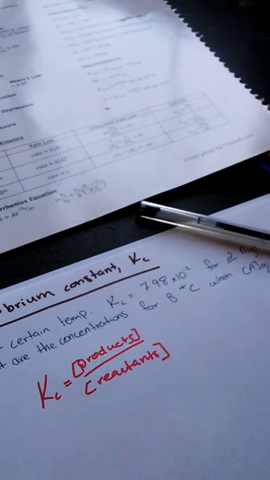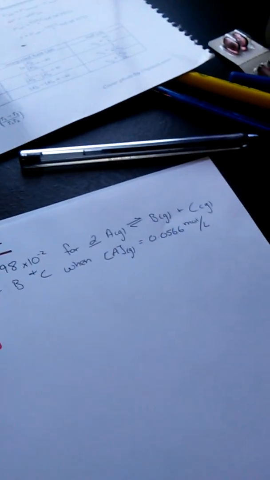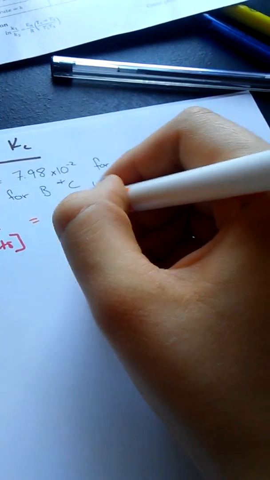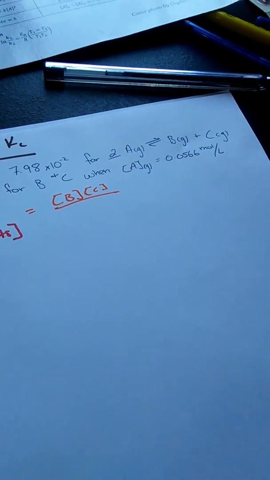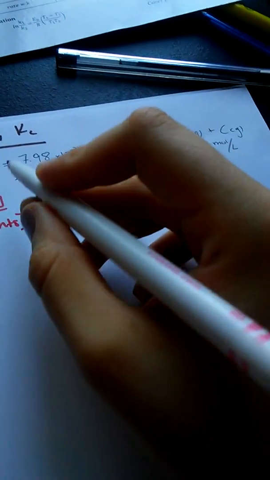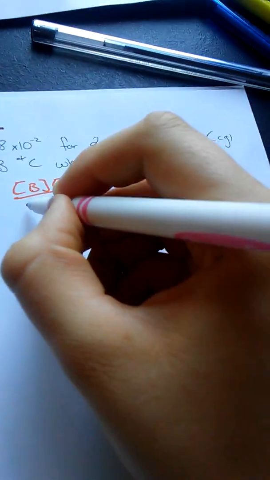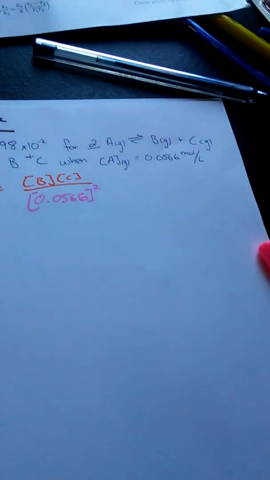Here, in this equation, our products are going to be B and C. So if we follow the formula, it's just B and C over our concentration of A, but they tell us that A is equal to 0.0566. But since A has this coefficient in front, and it's a 2, we're just going to square this.